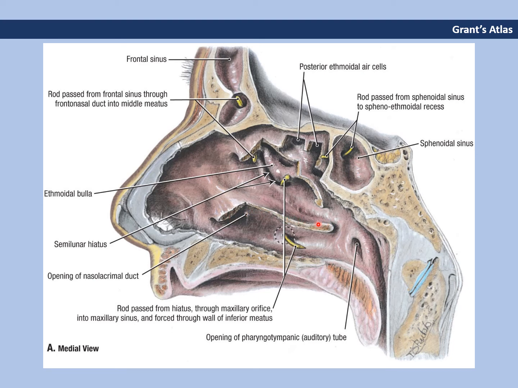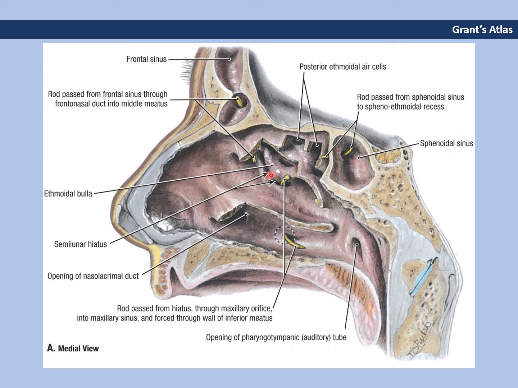So here the concha have been cut away so that you can appreciate some of these openings and relationships between the lateral nasal wall and the paranasal sinuses. Remember that the nasolacrimal duct drains inferior to the inferior concha, so in the inferior meatus, so that you are swallowing those excess tears created during crying as they drain posteriorly and then get swallowed.